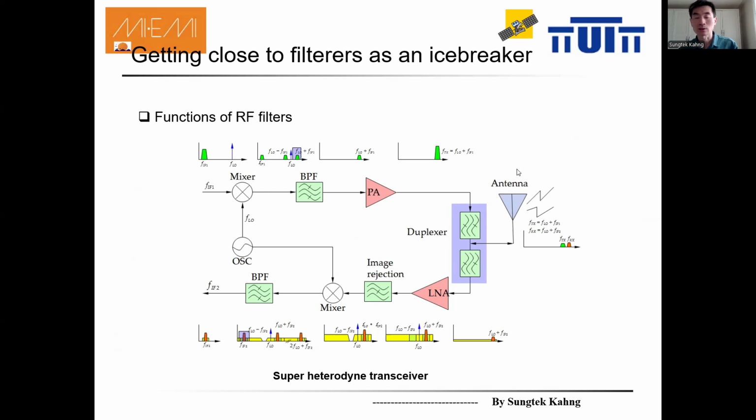You use one antenna for TX and RX, or uplink and downlink. Yeah, there are two paths. One path is the path of the transmission and the other is the path of the reception.